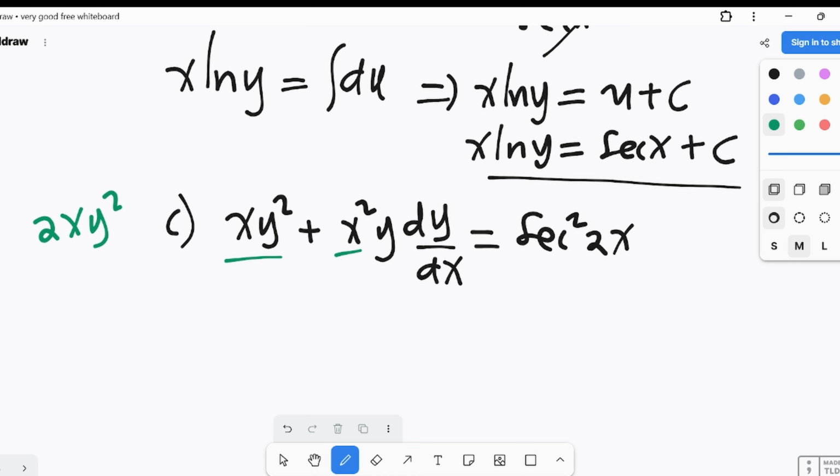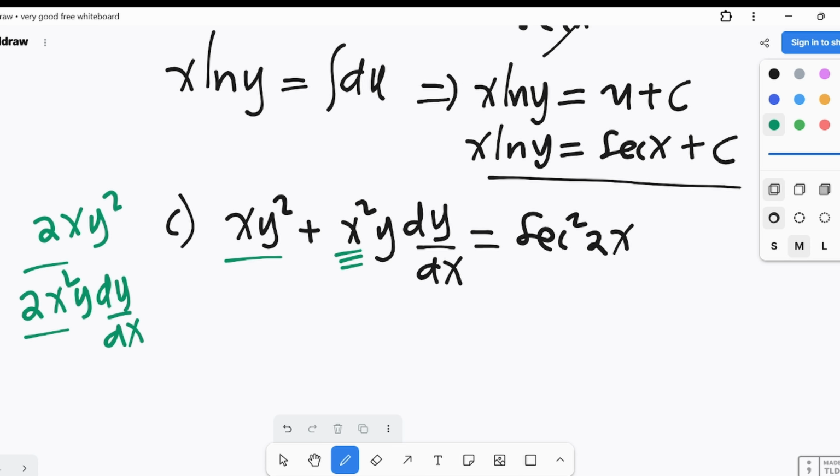When they differentiated y here, it was something like 2x square y dy by dx. So they were 2. But where did that 2 go? And how do you retain it?